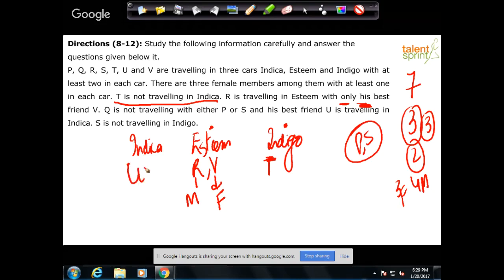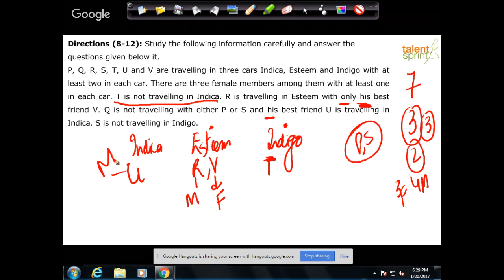Boys and girls, we know that U is traveling in Indica. Read once again: Q is not traveling with either P or S and his best friend, which again tells us that U is a male. Now we have placed 4 people. We have 3 more people to place.